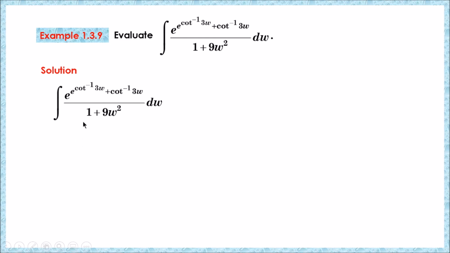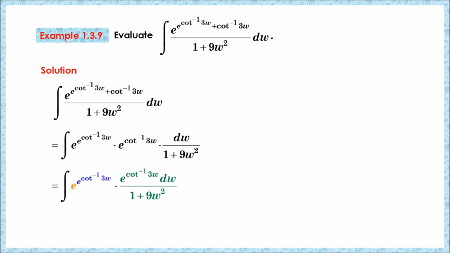We split this into two factors, e^(arccot 3w) and e^(arccot 3w) times dw over 1 + 9w^2. This is equal to the integral of e^(arccot 3w) times e^(arccot 3w) dw over 1 + 9w^2. Let's take e^(arccot 3w) as u.